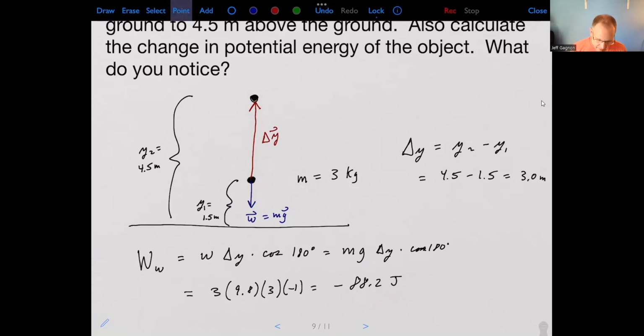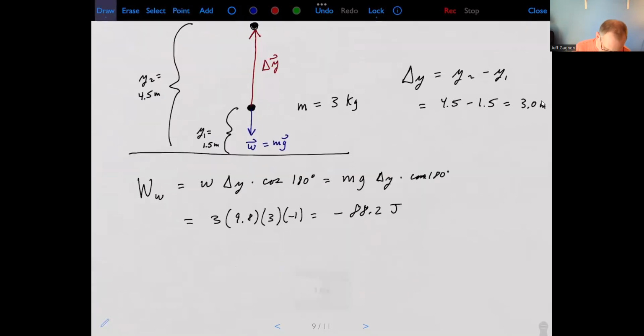Okay, now let's calculate the change in potential energy as the object moves from the initial position to the final position. Well, remember, the change in potential energy, and this is gravitational potential energy, is equal to the final gravitational potential energy, at position 2, minus the initial, which is at position 1.